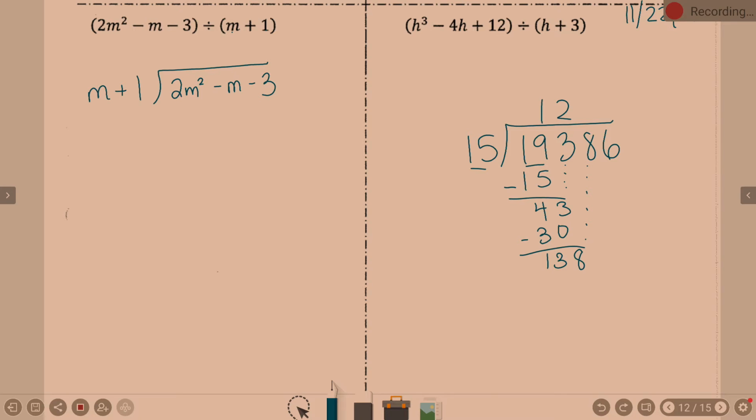Now it's 15 into 138. 15 times 9 is going to be 135.